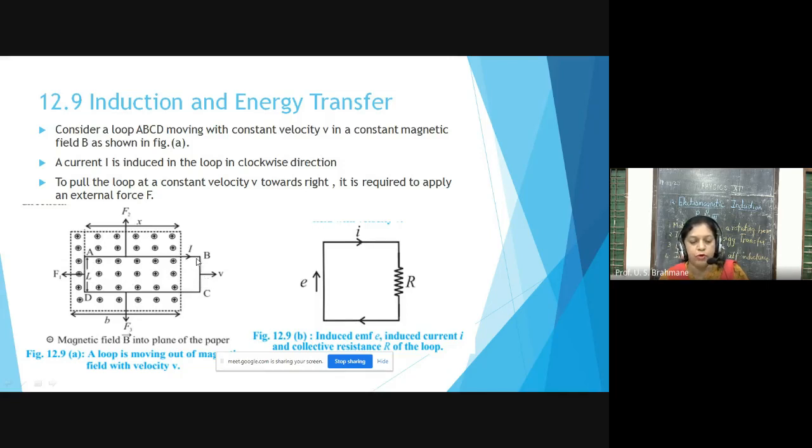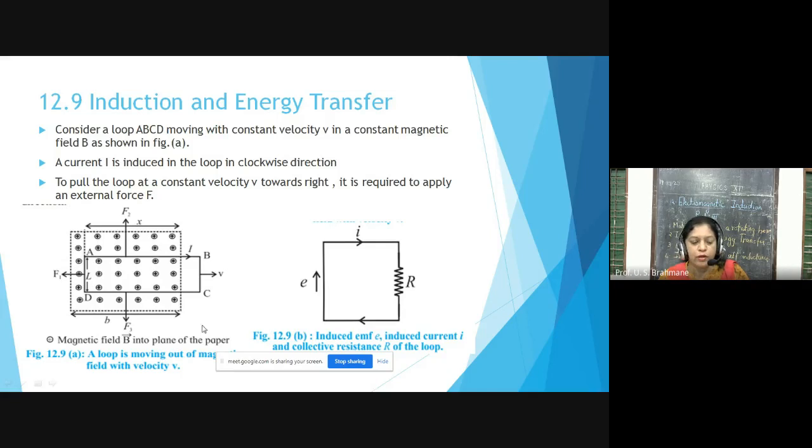And because of this, on the faces we have the forces F2 and F3. These forces are equal and opposite, so they cancel each other. Because the loop is pulled this side, it exerts a force in the opposite direction.